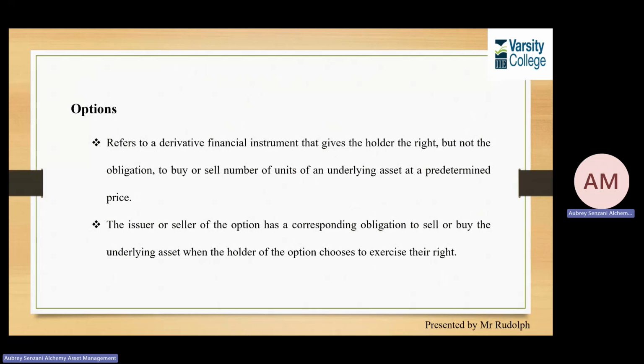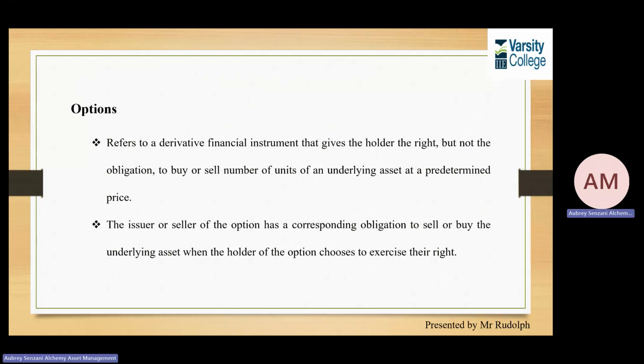It gives the holder, in other words whoever owns the option, the right, emphasis on the right, but not the obligation. It's not a must. To buy or sell a number of units of an underlying asset at a predetermined price. Anybody want to unpack? What did we say was an underlying?